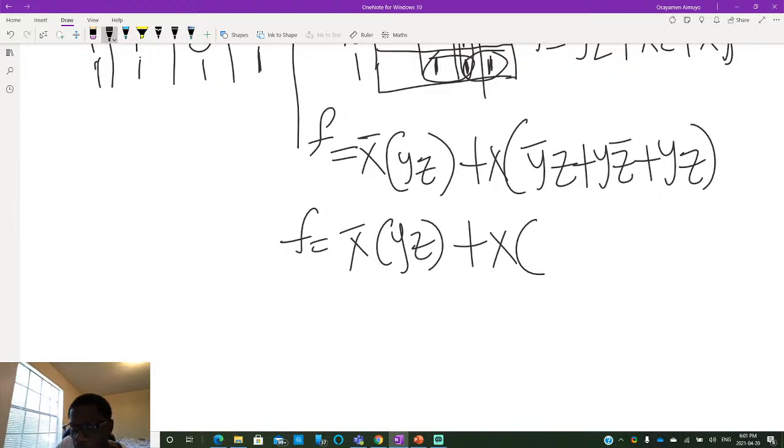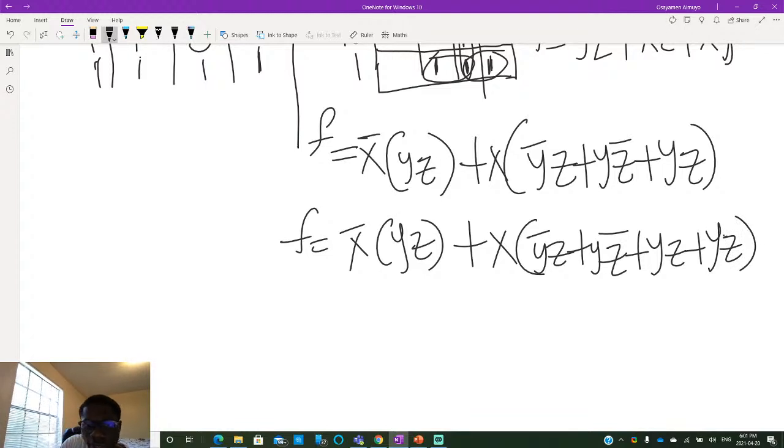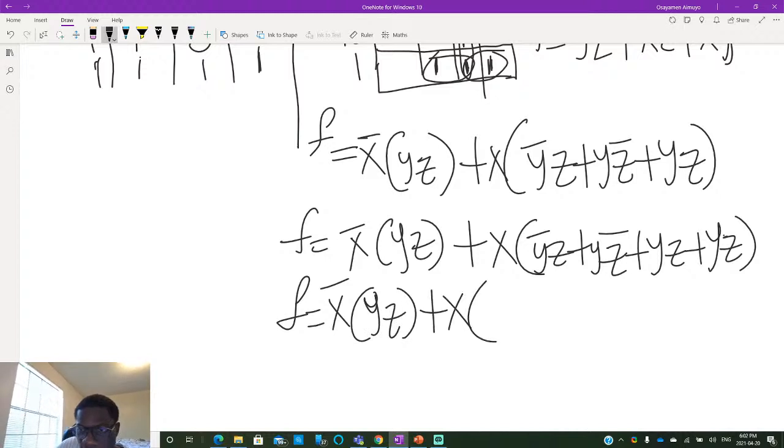So if we duplicated this term, we should be able to do some Boolean algebra here and successfully implement this using just a 2 by 1 mux. So for these two, factor out a z, you have a y bar or a y.